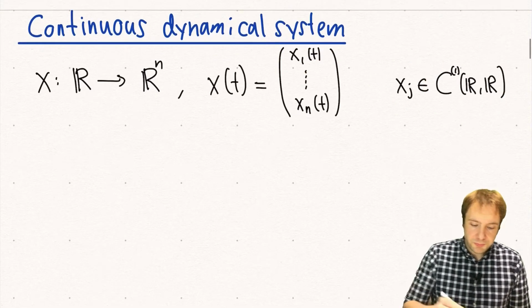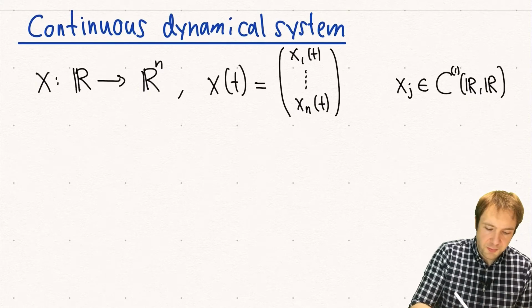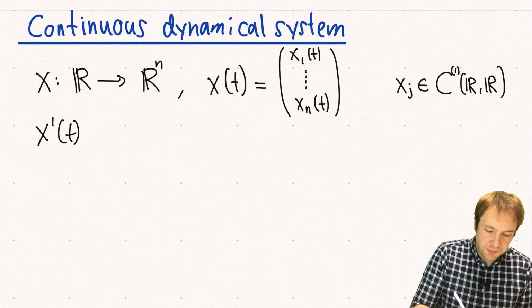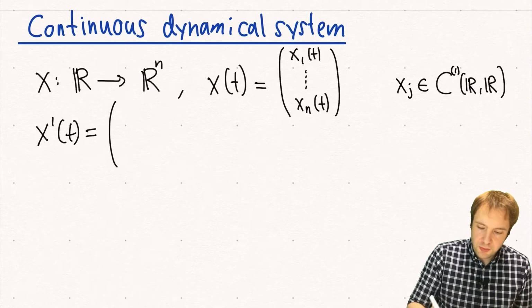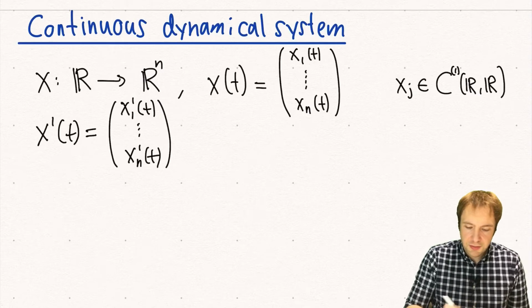And now what we want to consider to be a continuous dynamical system is this: we define its derivative vector, meaning we take the derivative of these entries, so in each entry we have just the derivative with respect to the variable t.